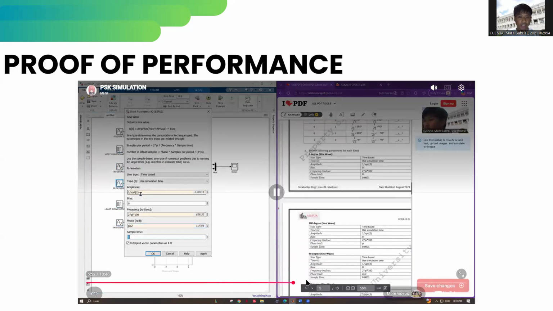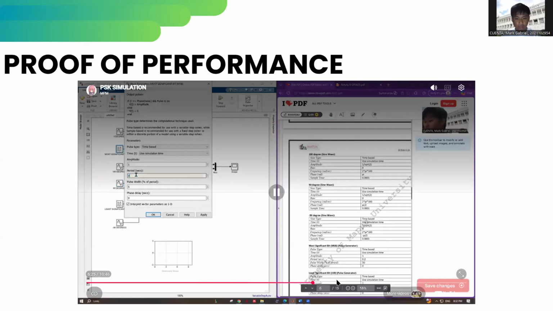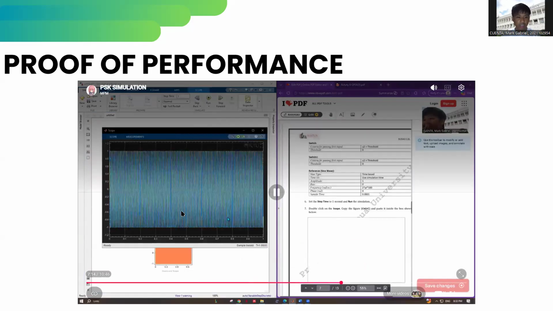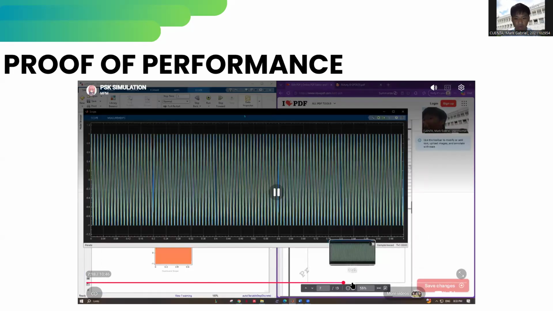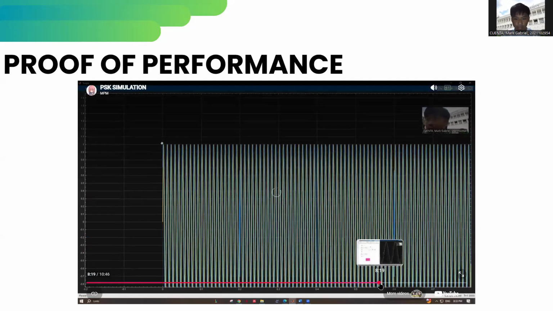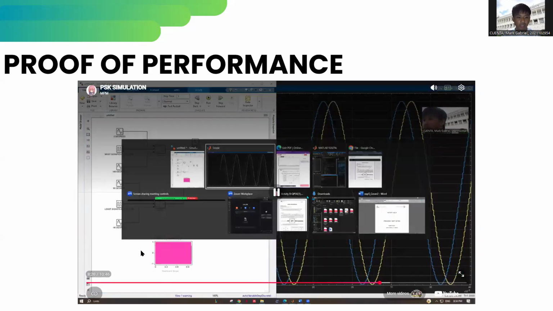There we change the values. This is the scope, and on the lower side, as we can see, the dashboard scope.